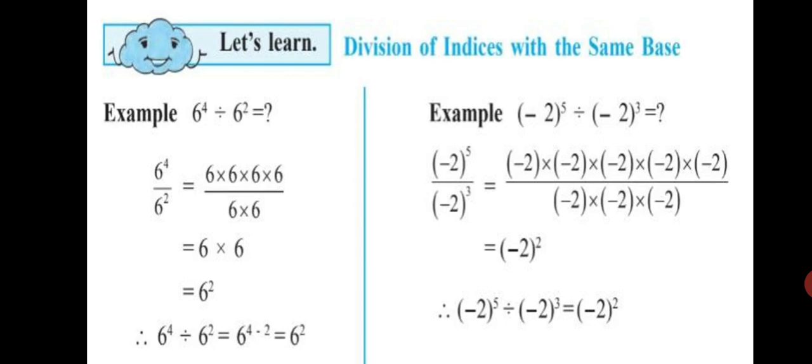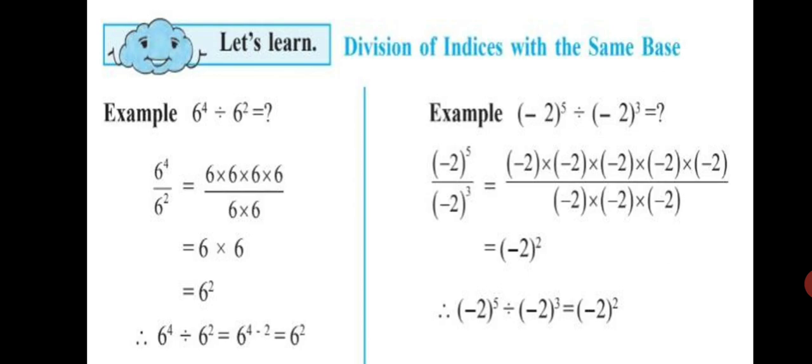Minus 2 raised to 5 divided by minus 2 raised to 3 is equal to question mark. So usually we would write it as minus 2 raised to 5 upon minus 2 raised to 3, which is equal to, write the multiplication form, minus 2 into itself 5 times, and down in the denominator minus 2 into itself 3 times.